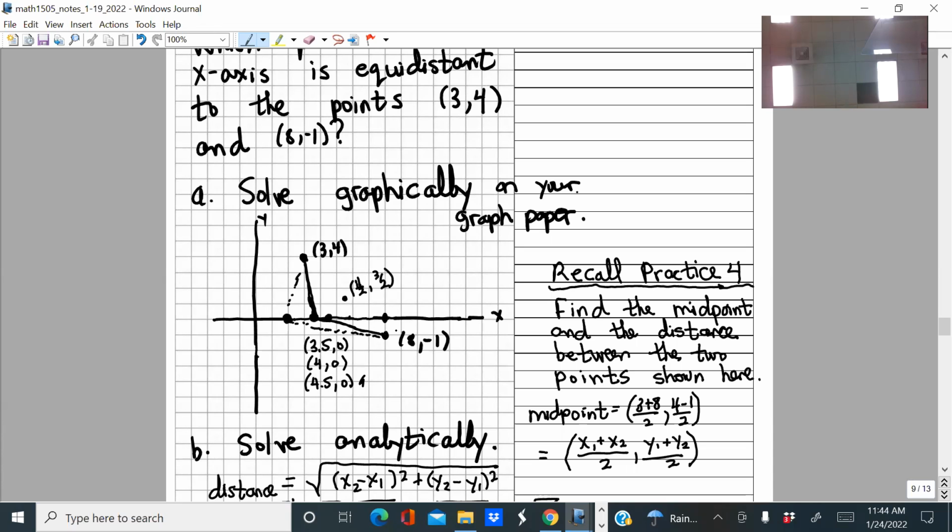For this side of the class, it's 4, 0. For home, it's 4.5, 0. You have to do it to both of those points, because otherwise you can't tell if those 2 distances are the same.